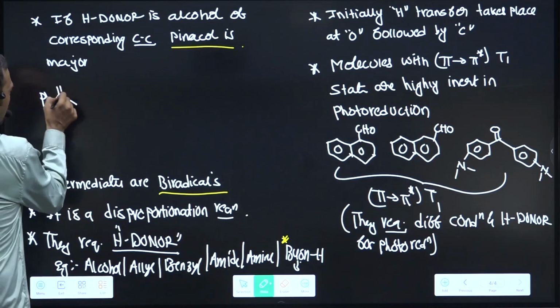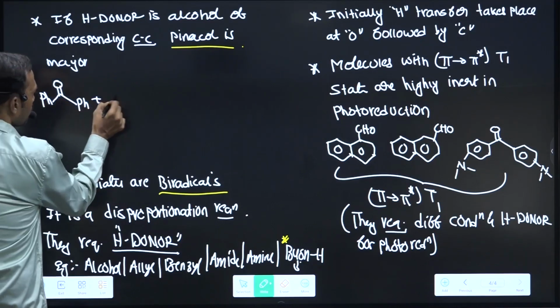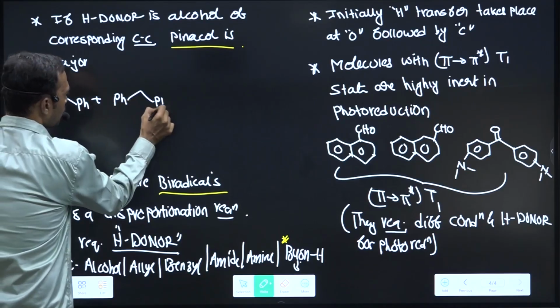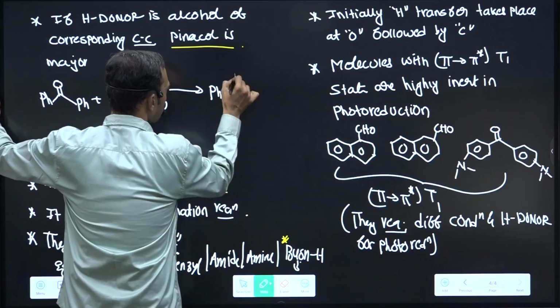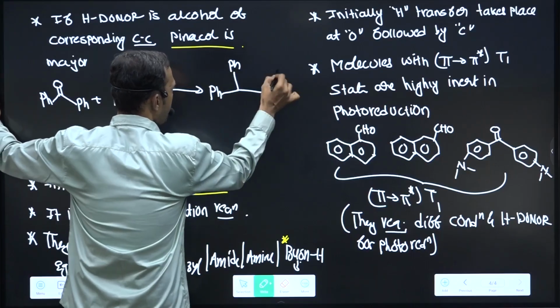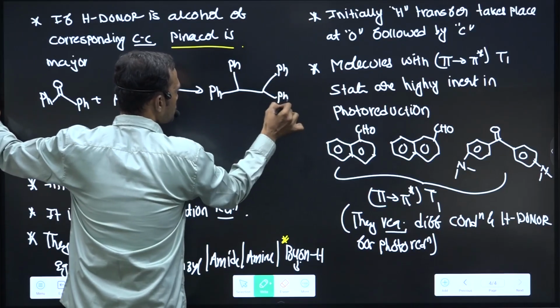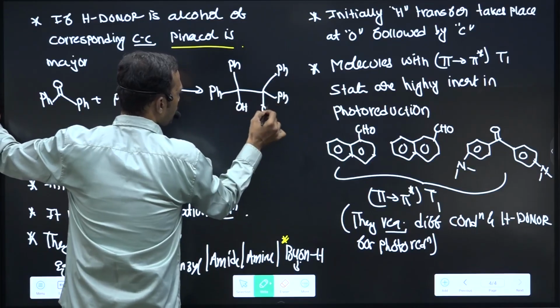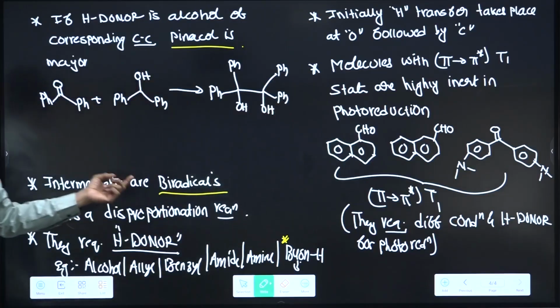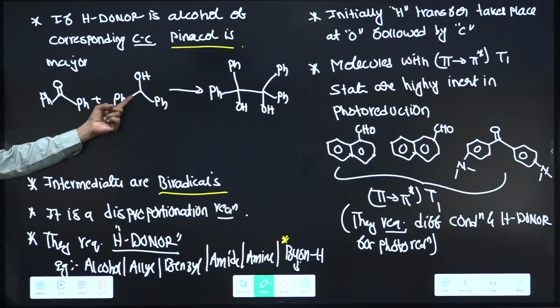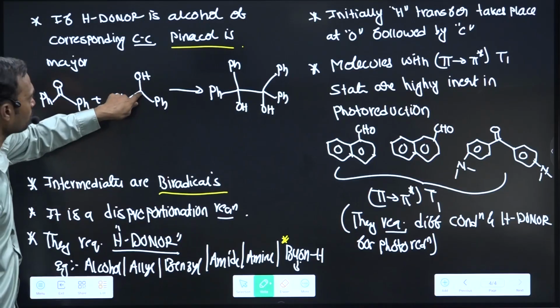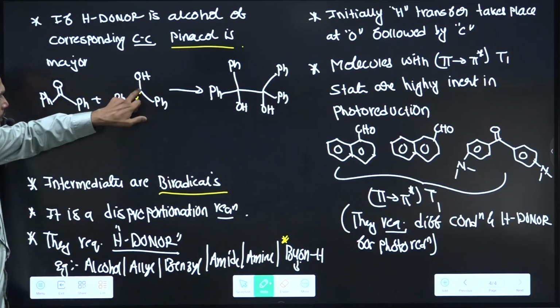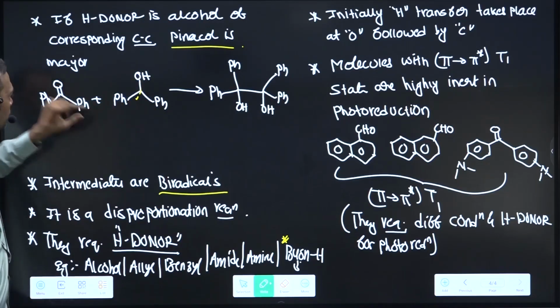See, I am taking benzophenone, and if I take alcohol, this is that alcohol. So at that time, pinacol is major. Here Ph and this is Ph and this is OH, and only one product is possible, if alcohol is the donor of the corresponding carbonyl compound. See, if I remove this hydrogen and this hydrogen, will you get the same answer?